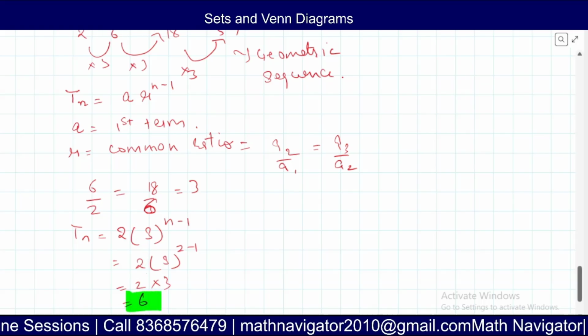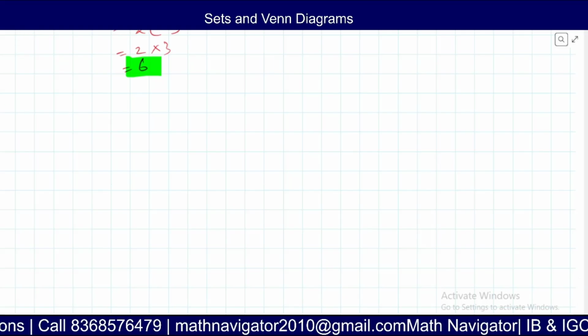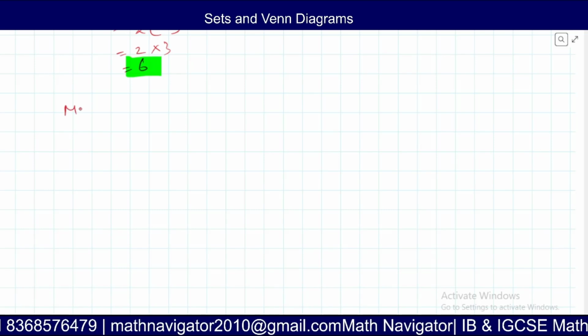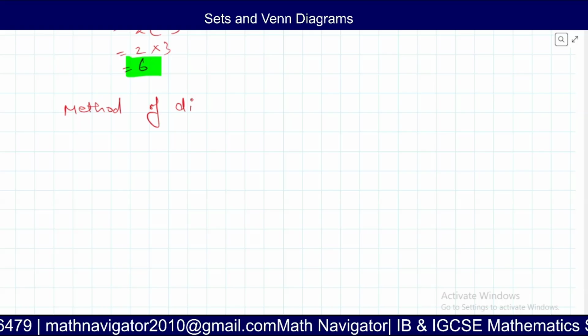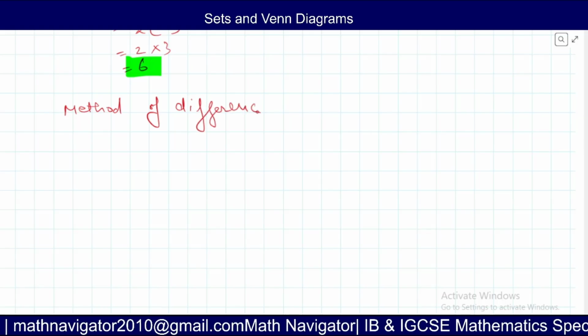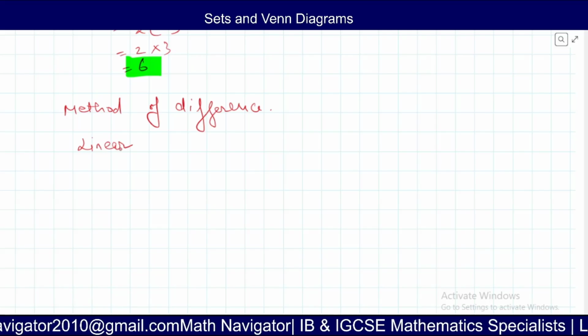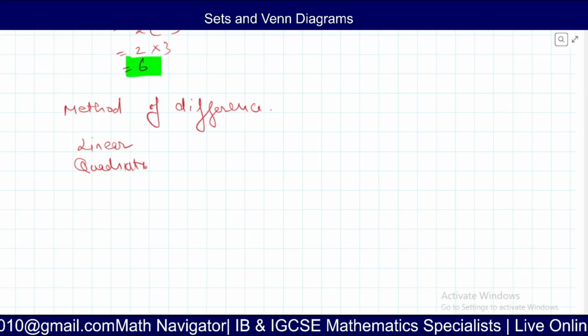Then we talk about the method of differences. We'll understand it nicely. We have three types of sequences: linear, quadratic, and cubic.